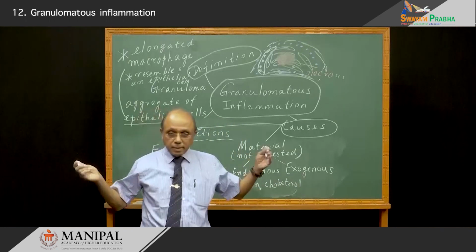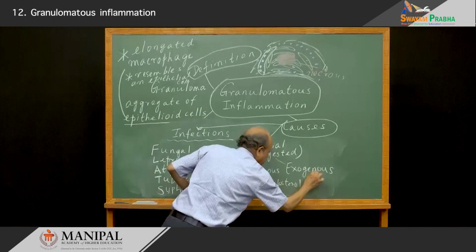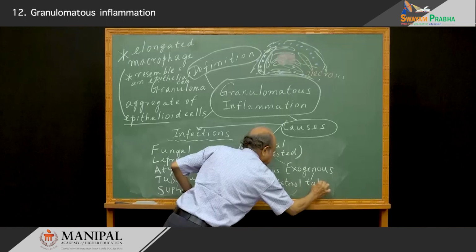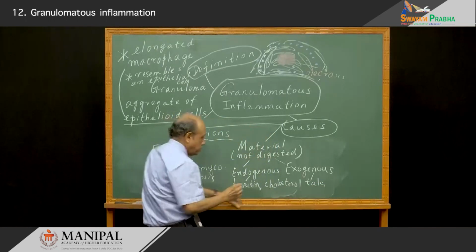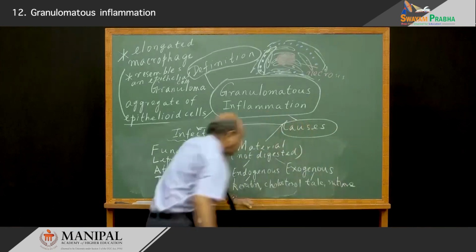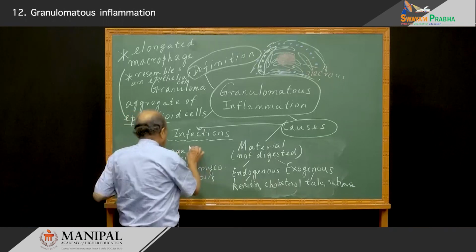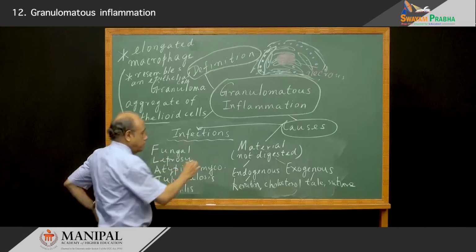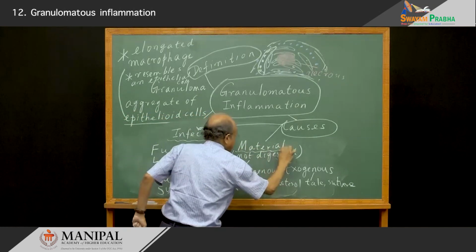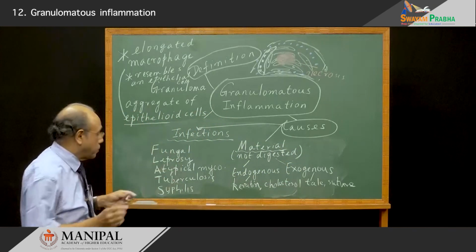Exogenous things are coming from outside. Simple two examples, one is talc, the other one is suture. So, this is the second reason. One is infections, second is materials which are not digested, not easily phagocytosed.